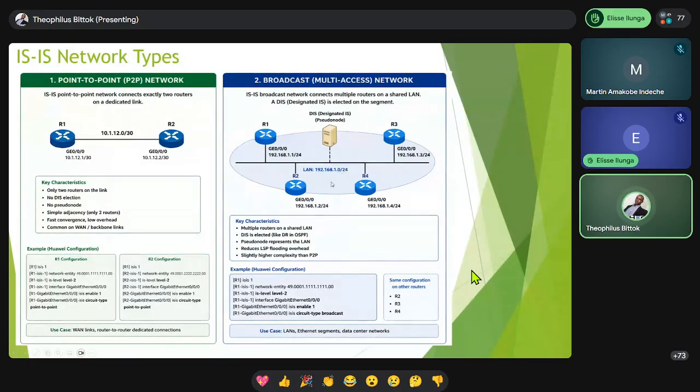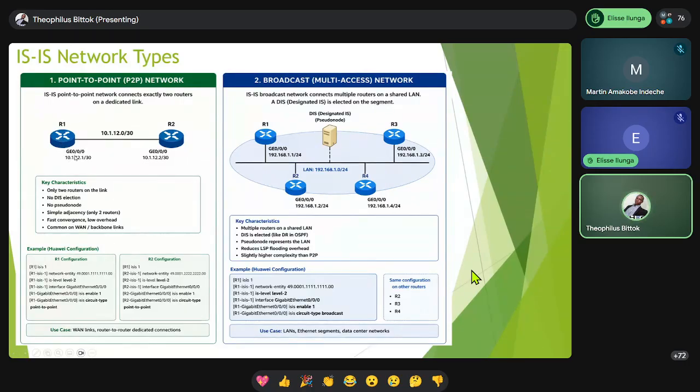When it comes to configuration, you'll have to specify the network type on the interface level. You can either have point to point, or you can have broadcast. One thing to note is, let's say you have these two routers.